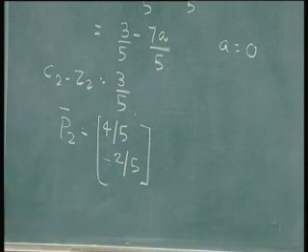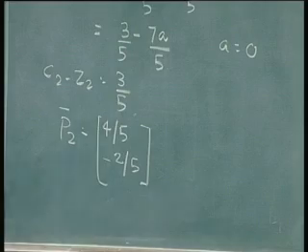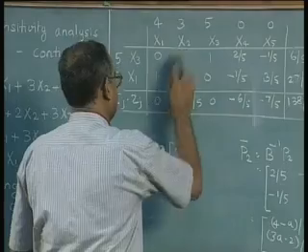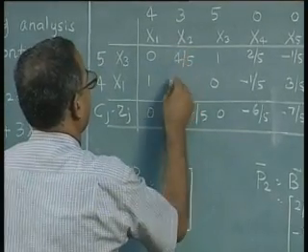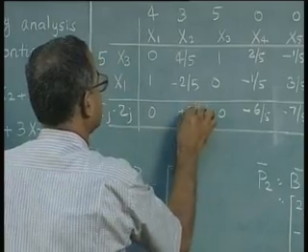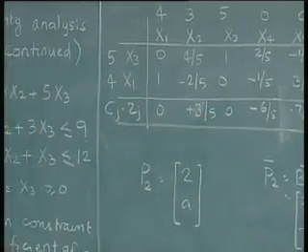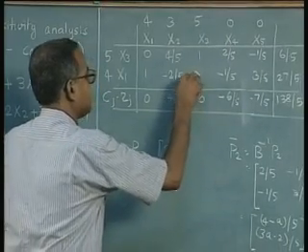So, when this 3 becomes 0, we will have 4 by 5, minus 2 by 5, and plus 3 by 5. Now, because of this plus 3 by 5, variable x2 will enter the basis.